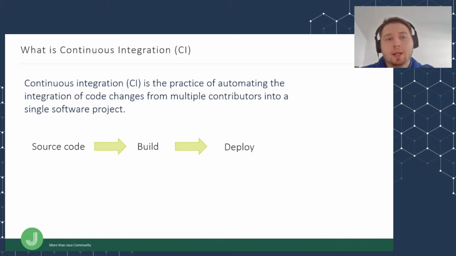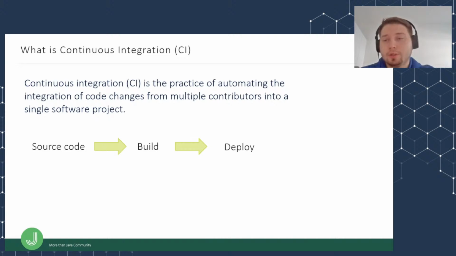Let's say you are done with your feature and you are creating a pull request into master, and your team somehow needs to verify, needs to be sure that your feature is working. So when you are creating a pull request into master, some build should be triggered. It can be, for example, a Gradle build.